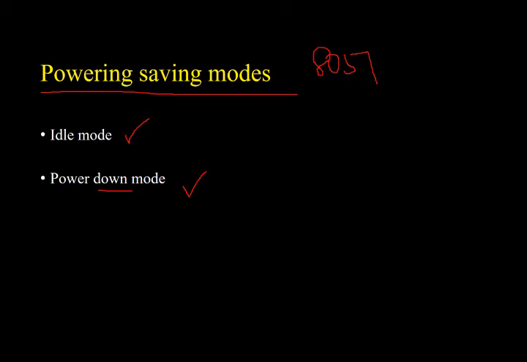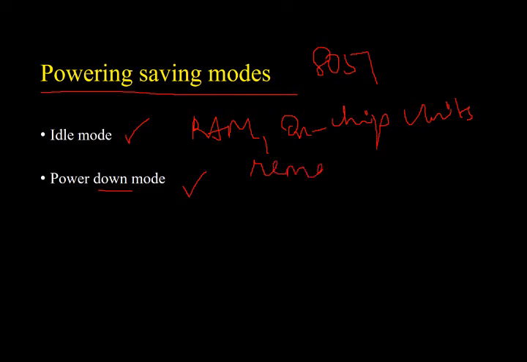In idle mode, the CPU is turned off, but RAM and on-chip units remain active. That is the first point you have to keep in mind. Whereas in power down mode, all on-chip activities are suspended.